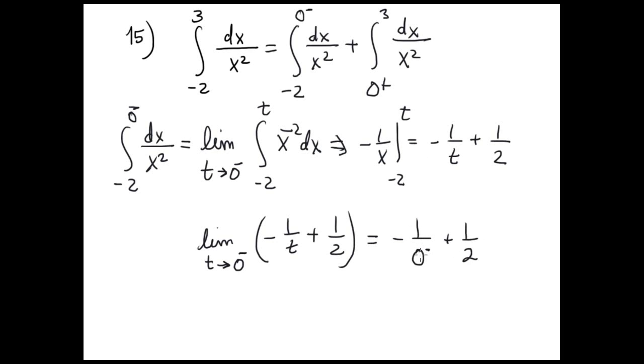This is 0 minus, a number close to 0 but negative. Negative becomes positive, so this answer is infinity. Infinity plus 1 half is infinity, again it diverges. Okay, I don't need to compute the second part, because at least the first part diverges. Yeah, the entire improper integral diverges.